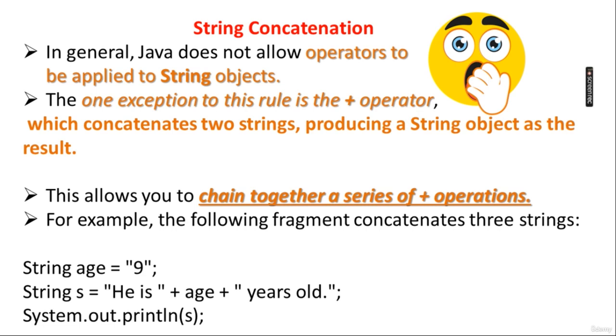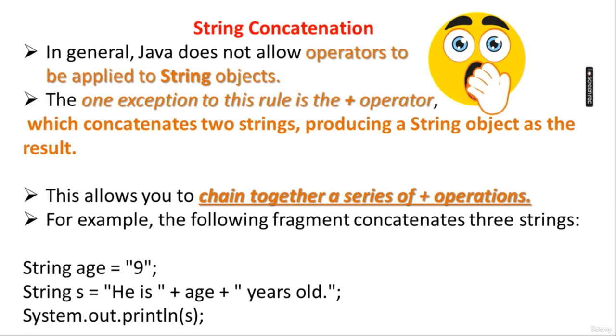Okay, which concatenates two strings producing a string object as the result. When we are using this concatenation operator to combine two string literals, when we are creating a very long string variable and it is not possible to write all the string in one line, we use the concatenation operator so that you can write multiple strings on multiple lines, and they combine into one new final string.